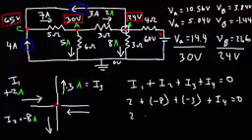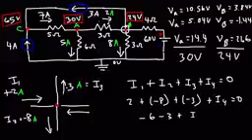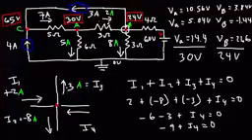So it's 2 minus 8 is negative 6. Negative 6 minus 3, that's negative 9. So moving the negative 9 to the other side of the equation, we can see that I4 is 9 amps.